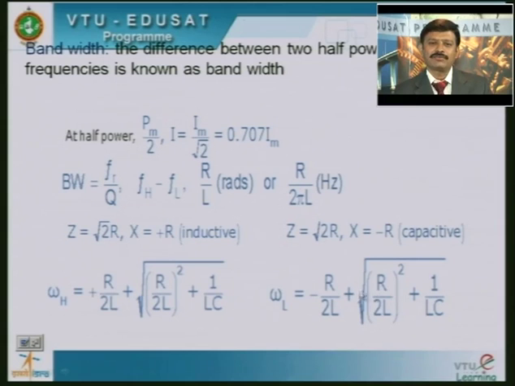Same formula with negative sign gives the lower cutoff, because it is lesser than resonant frequency, we have to use minus. Higher cutoff will be greater than resonant frequency, so we use plus. The formula is same, only the signs differ: plus for greater frequency and minus for lower frequency.